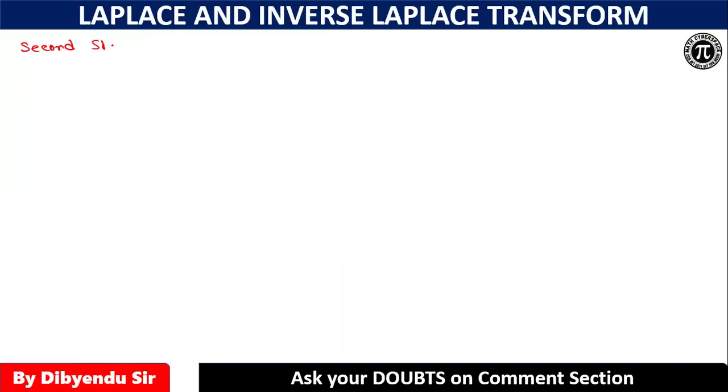Second shifting property. Okay. In the second shifting property, you will have two functions. So first, if Laplace of f of t is equal to F of s. Okay, this is our given function. Laplace of f of t equals F of s.